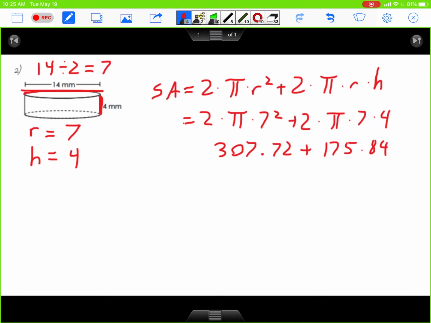Add them together and you get 483.56 millimeters squared.